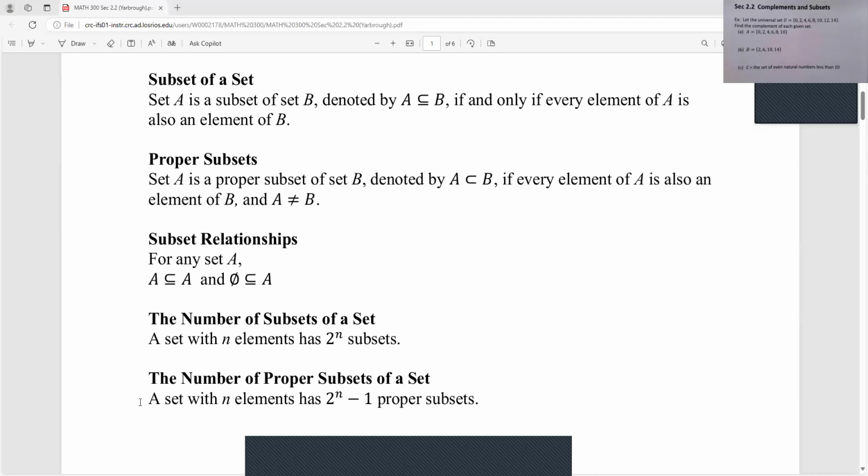And then the next one says a set with n elements has 2 to the power of n minus 1 proper subsets. The minus 1 comes from the fact that we have to remove the one that's equal to the original set. I know that probably doesn't make a lot of sense right now. It hopefully will make sense when we start looking at the examples in a few minutes.